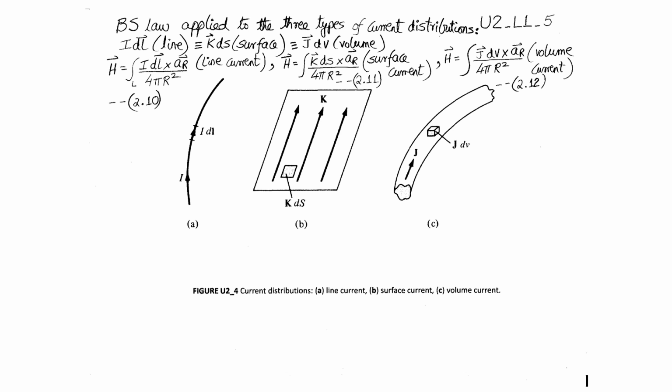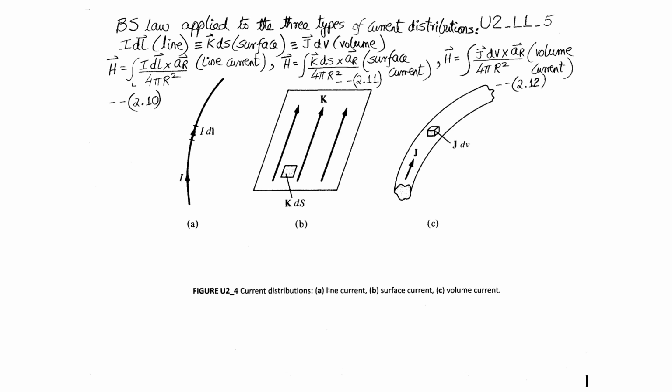The direction of the current is given by the direction of the vector K. So the total magnetic field produced by a surface current would be given as the integral of K dS cross aR vector divided by 4 pi r squared, and this of course would be a surface integral. This is given in equation 2.11.